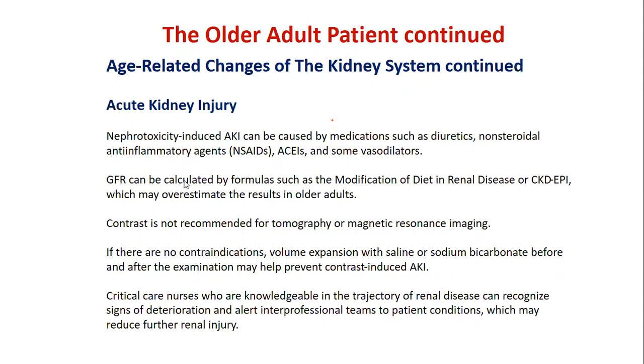GFR can be calculated by formulas such as Modification of Diet in Renal Disease or CKD-EPI, which may decline over time in older adults.